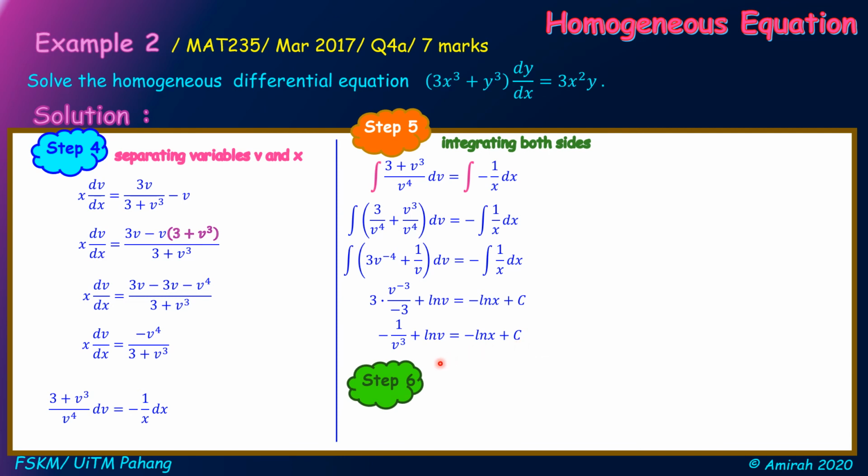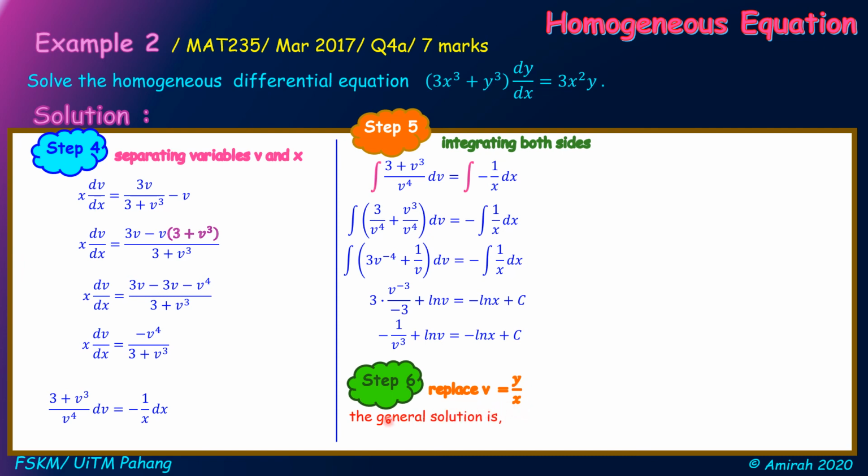Then we continue with step 6. We replace v equals y over x because the original question is given in terms of variables x and y. So we need to replace terms containing v in terms of variables y and x.